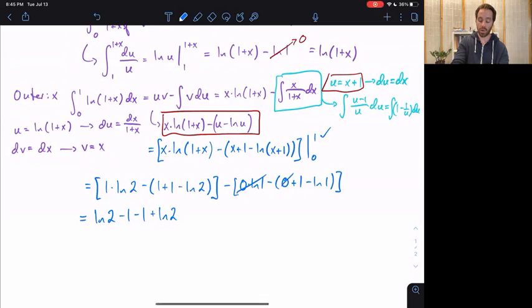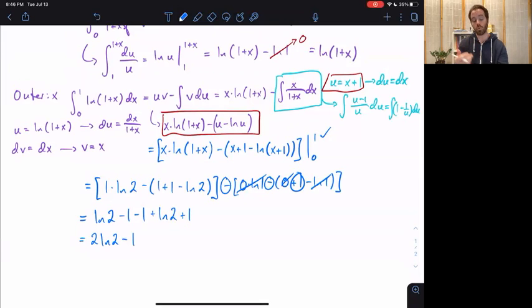Then this is 0. This is also 0. So at the end of the day, the second set of brackets ends up being minus 1 or plus 1. Now I'll collect everything together. We've got 2 ln 2's. So it'll be 2 ln 2 minus 1 plus 1 ends up being minus 1.